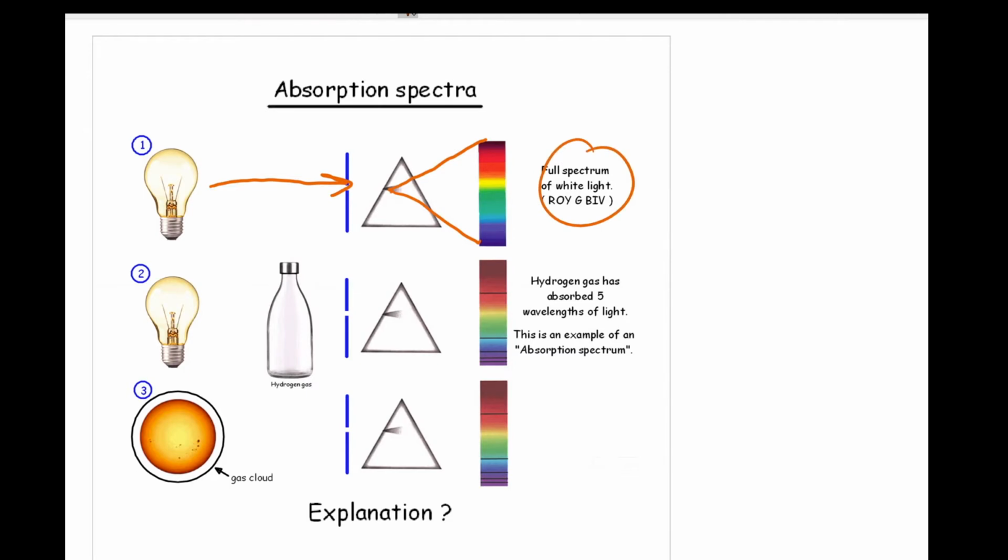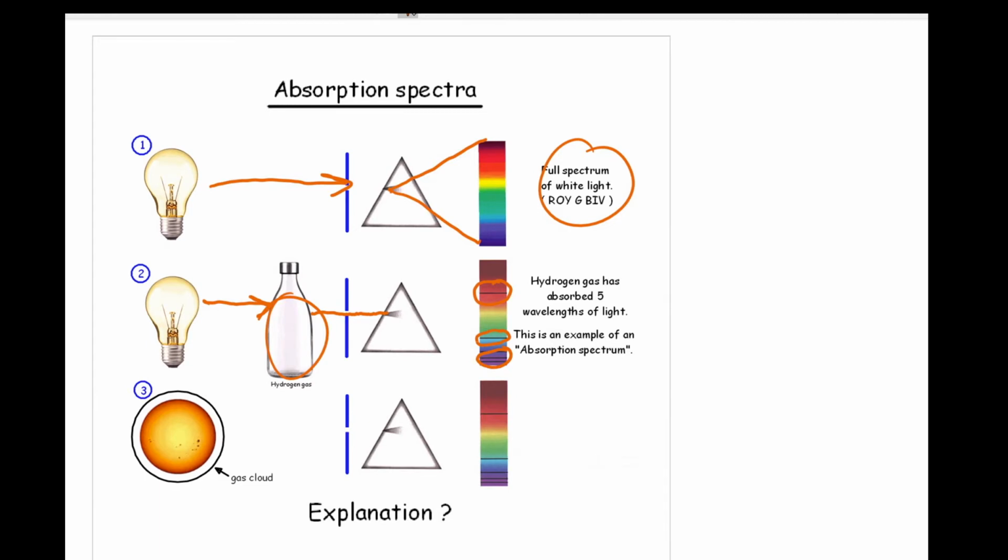If you send that white light that contains all the Roy G. Biv through hydrogen gas, pass it through a slit, and cause that light to be split up using a prism, then you get Roy G. Biv again, but the hydrogen gas has absorbed its specific wavelengths of light, specific to hydrogen.